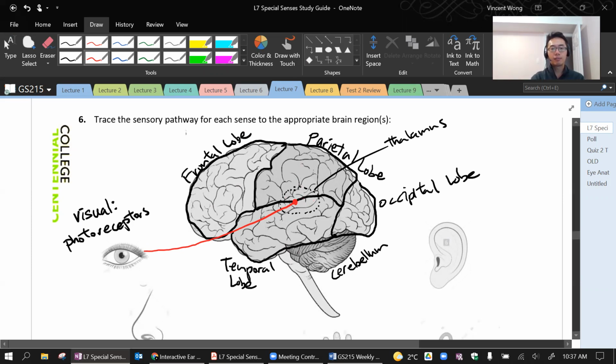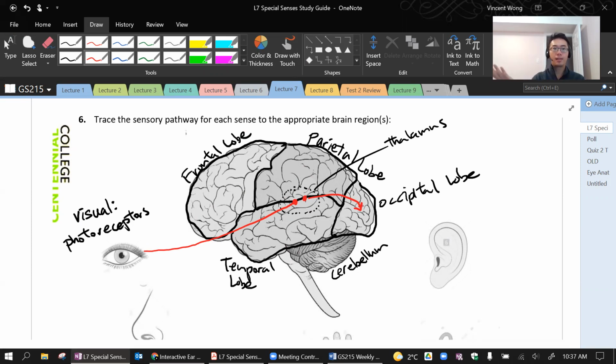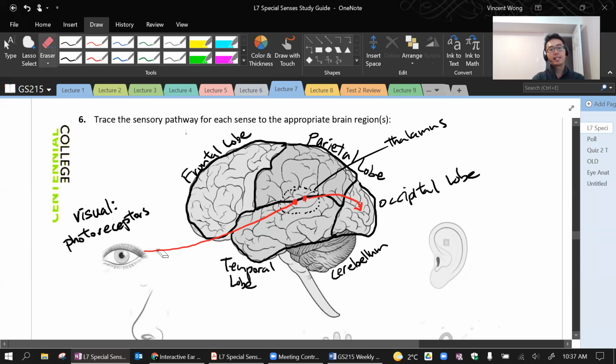If it is, then from the thalamus it is going to go to the occipital lobe. Remember, along the path there are many things that it will hit. I just mentioned a few: the optic tract, optic chiasma, optic nerve. But that would be the sensory pathway for visual information.